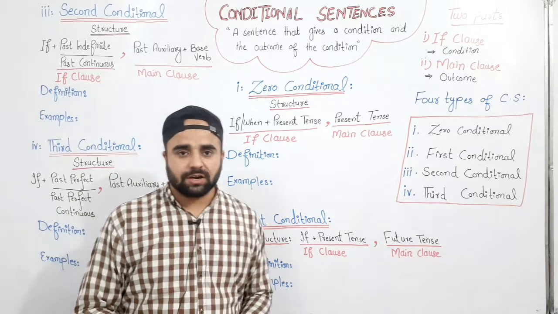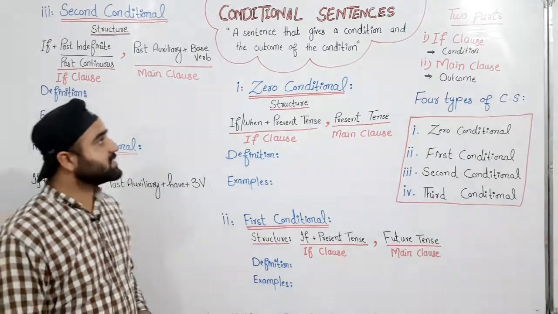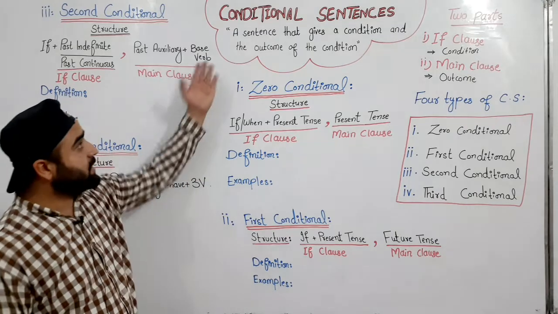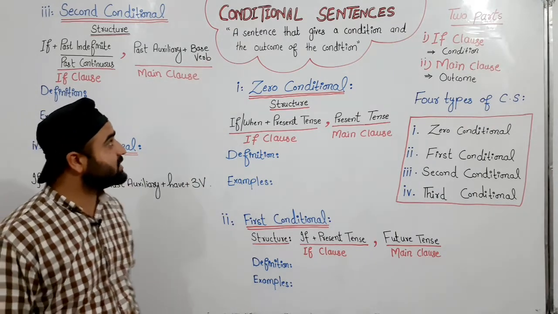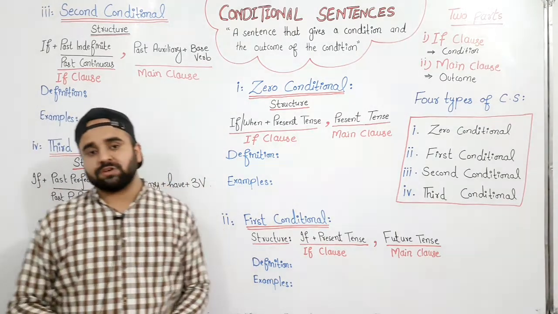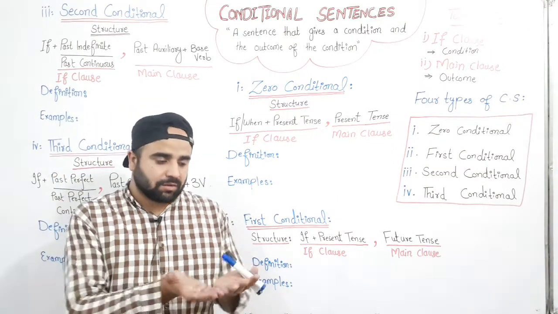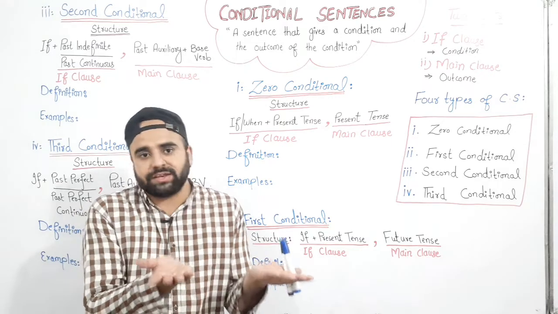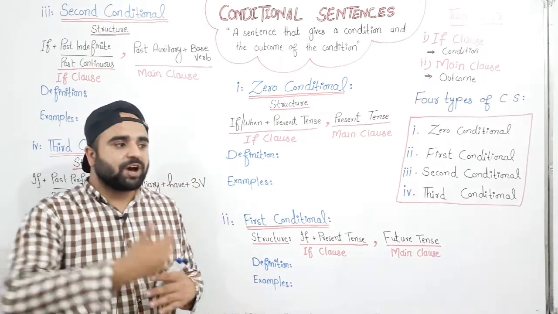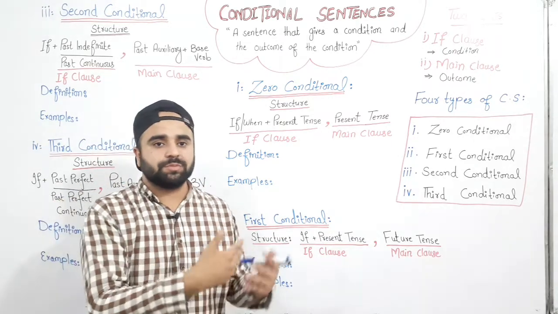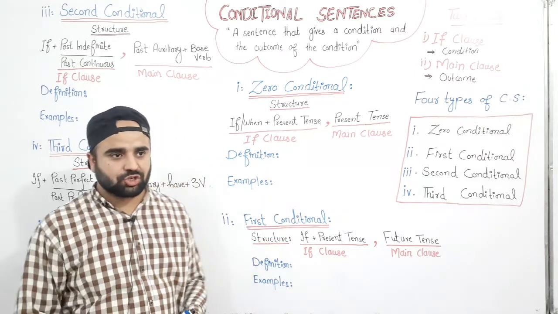Before we start, let us define what a conditional sentence is. A sentence that gives a condition and the outcome of the condition. So a conditional sentence basically establishes a condition and then it provides the possible or probable result of that condition.